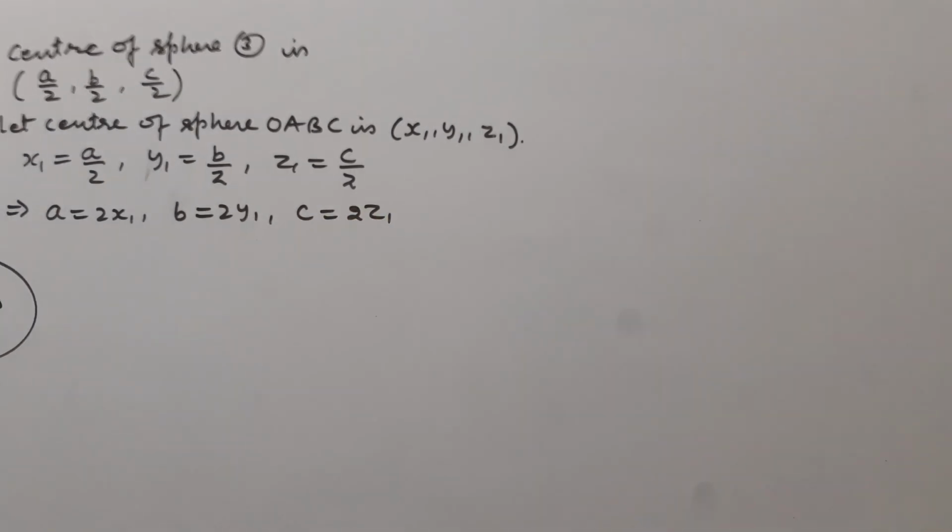So from here we can write a is equal to 2x1, b is equal to 2y1 and c is equal to 2z1. The equation of the sphere passing through the 4 points O, A, B and C can be written as x square plus y square plus z square minus ax minus by minus cz is equal to 0, and its center is (a by 2, b by 2, c by 2).